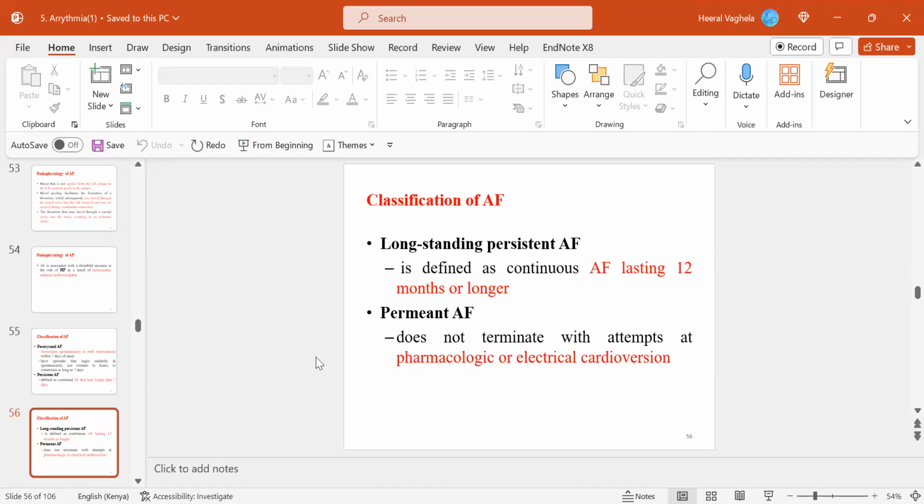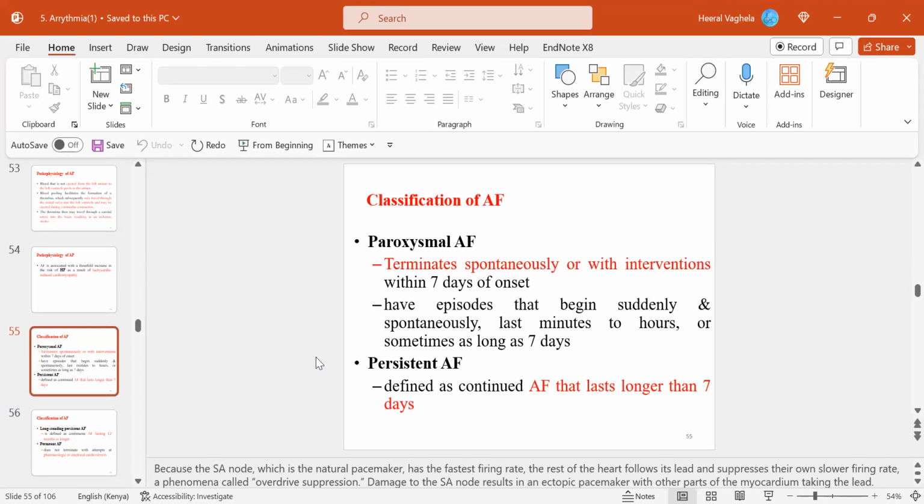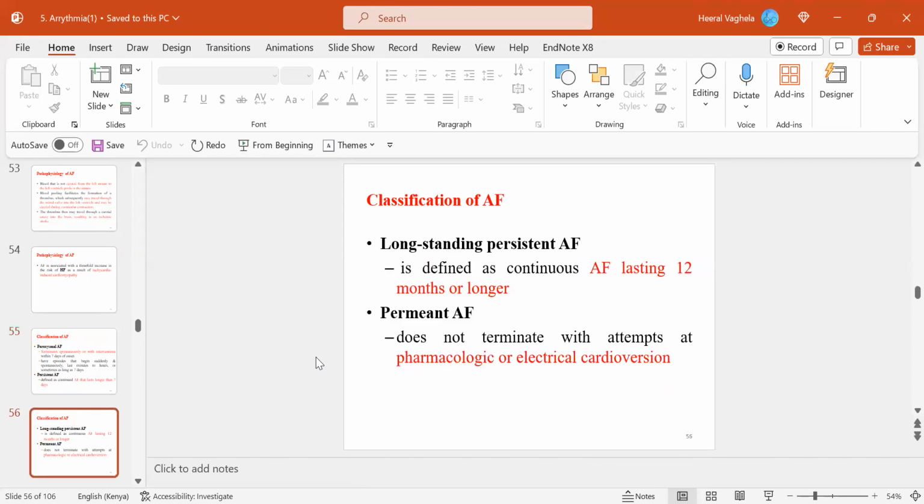You guys can hear me? Yes. Okay. So classification again: paroxysmal terminates within 7 days of onset. Persistent lasts longer than 7 days. Long-standing is continuous for 12 months or longer, and permanent, even with treatment, does not terminate.